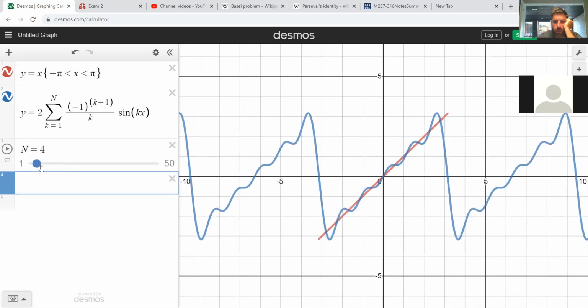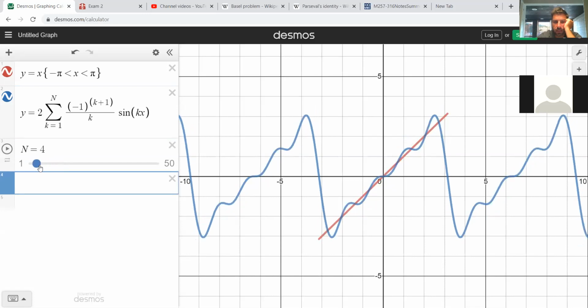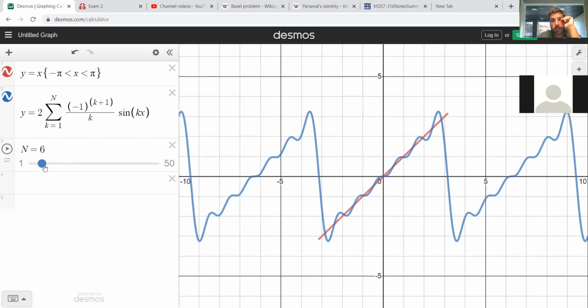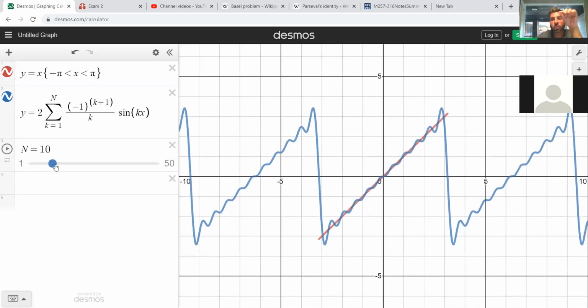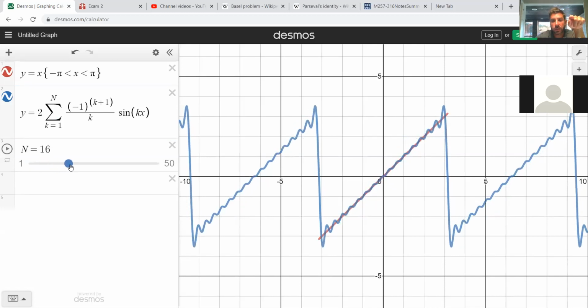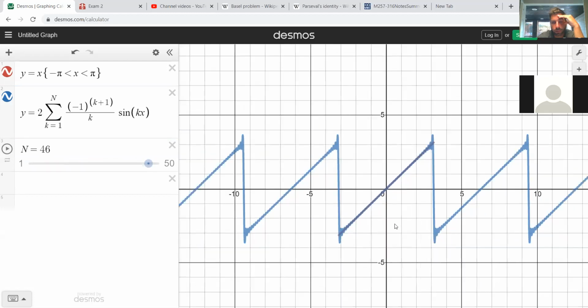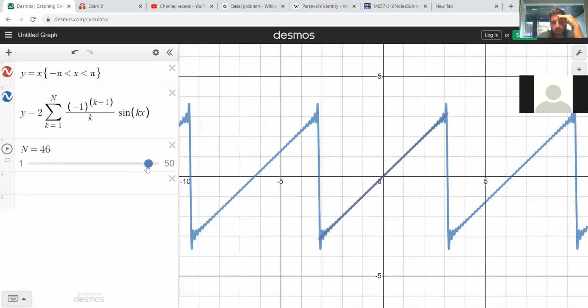So as n gets larger, that blue wave is turning into a red line, at least in our minds. If I zoom out a little bit, you can't even see the red line anymore unless you really pay attention. And as I increase the number of terms in my partial sum, this looks like a solid blue line.